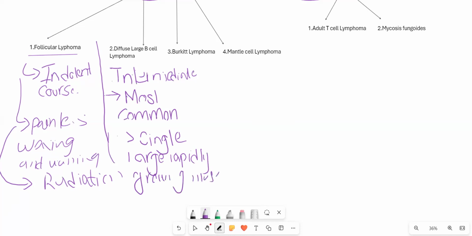It is cured with R-CHOP therapy. We will discuss this therapy in detail.